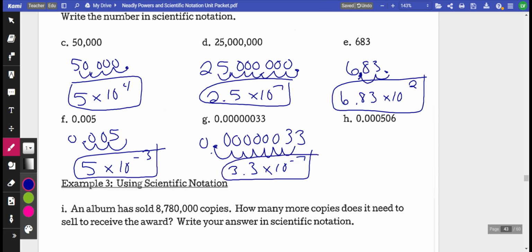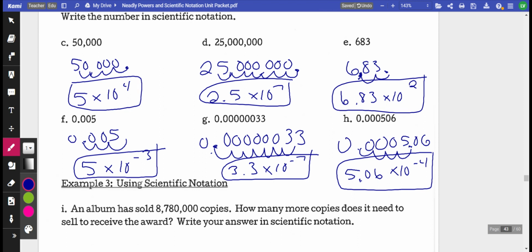So F, G, and H should all be negative because the numbers start less than 1. All right, you have millions, 506 millions. I want to move the decimal point between the 5 and the 0. 1, 2, 3, 4. So that's 5.06 times 10 to the -4th.